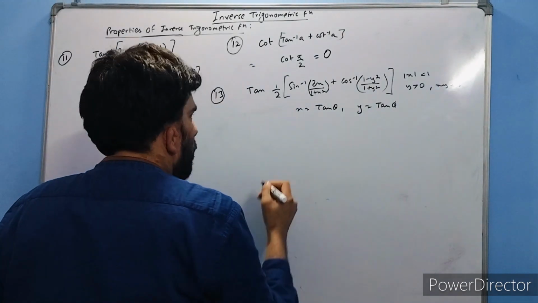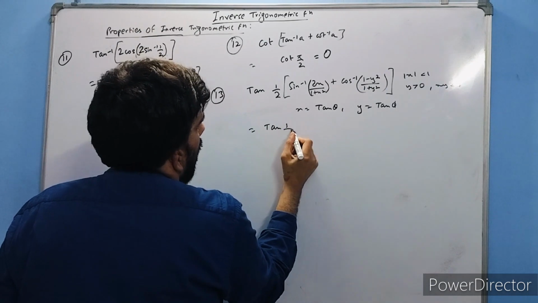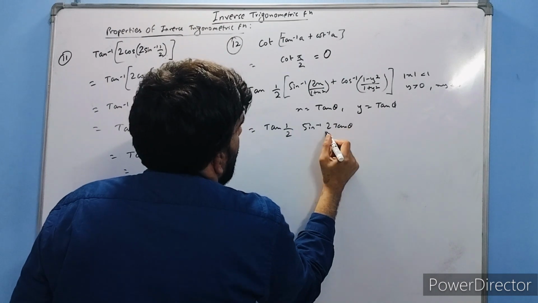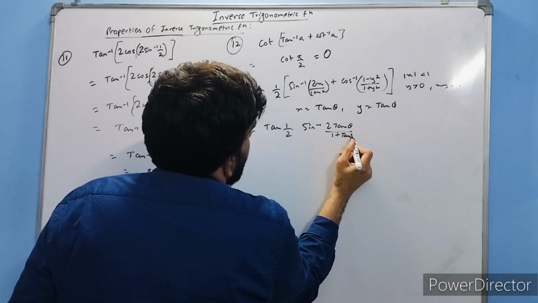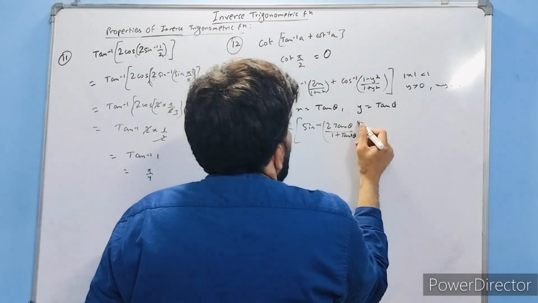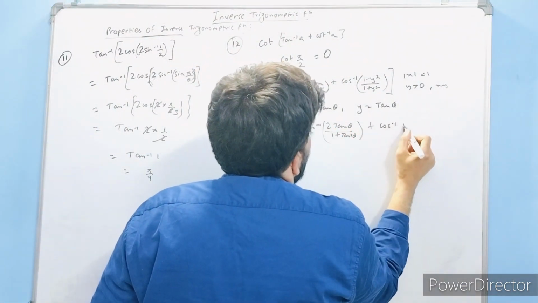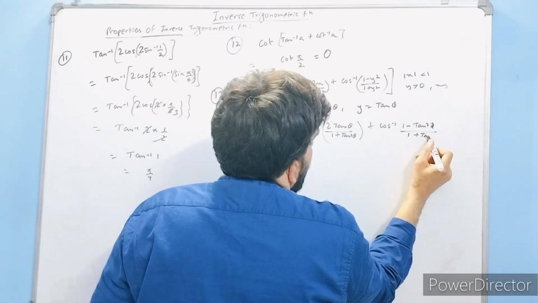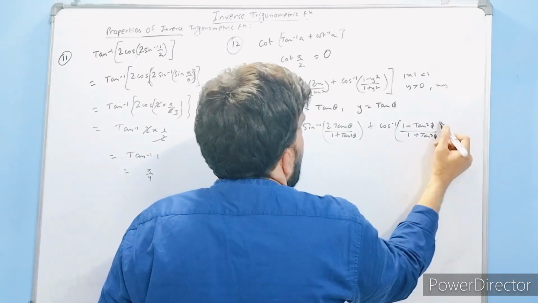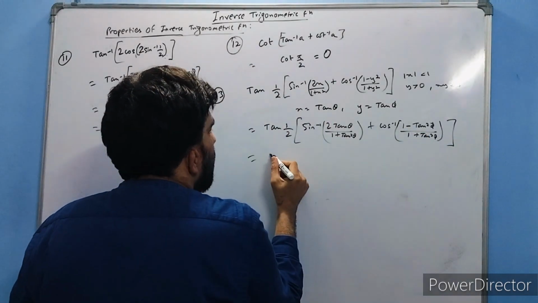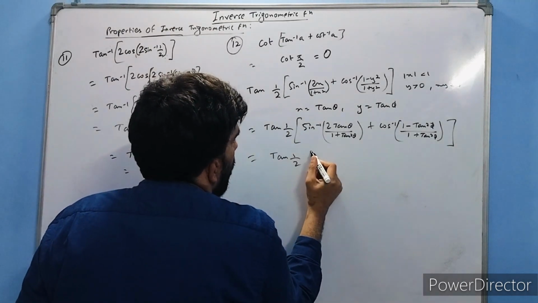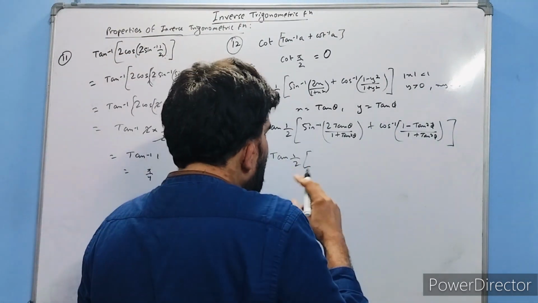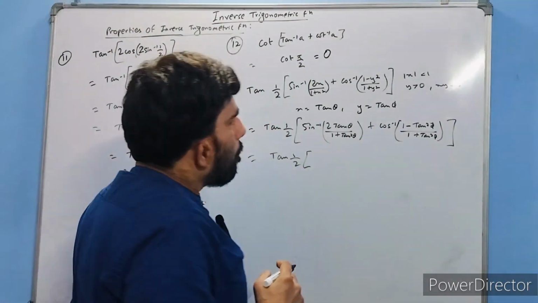So let's put it in: half of sin inverse 2 tan theta upon 1 plus tan square theta, plus cos inverse 1 minus tan square phi upon 1 plus tan square phi. So we have tan of half, and now we have the formula here, sin inverse 2 tan theta upon 1 plus tan square theta.